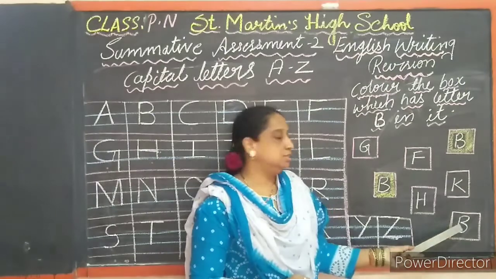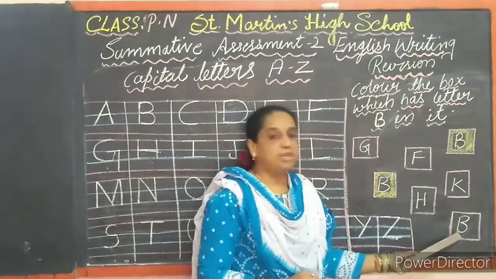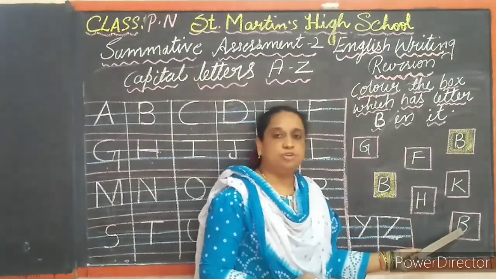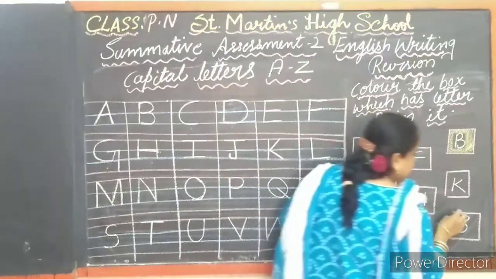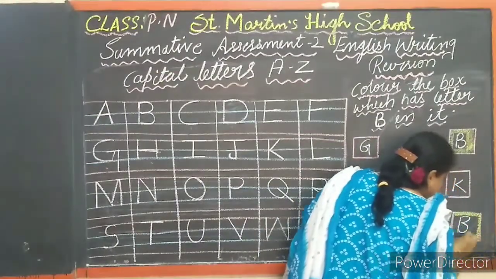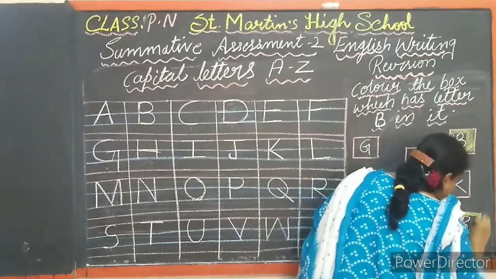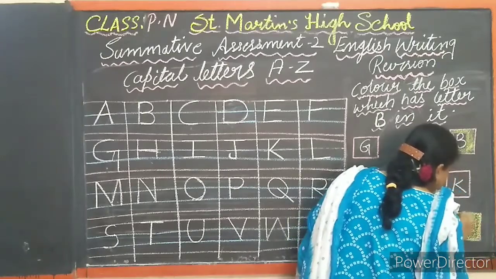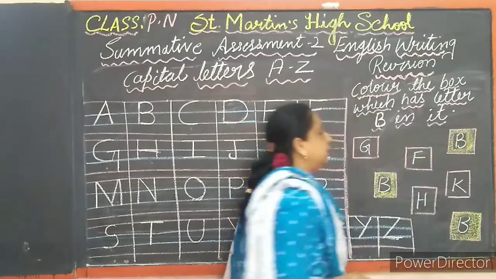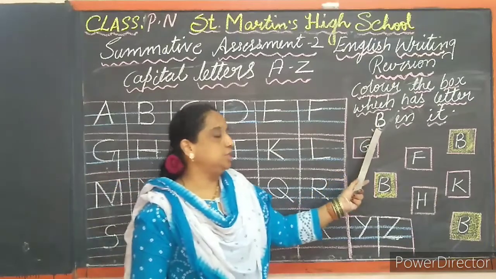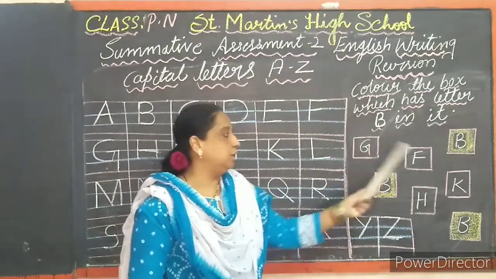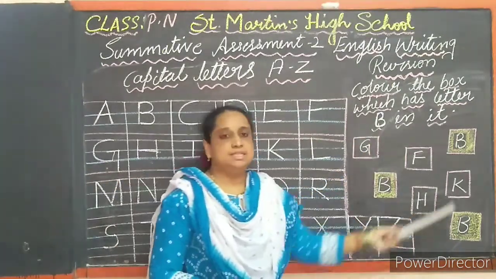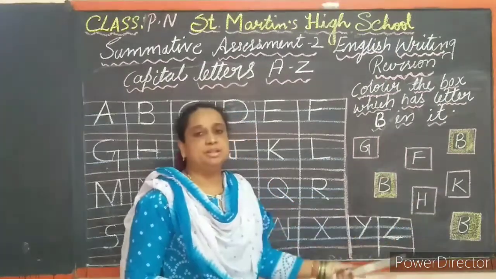Because this box has letter B, we should color this box. See, I am going to color this box. I hope you all understood how to color the box which has the letter B inside it. Whichever box has letter B, we have colored it and we have completed this concept.